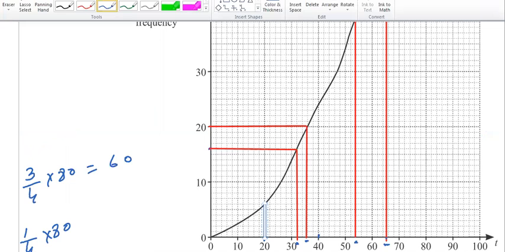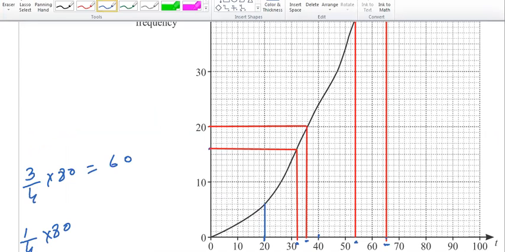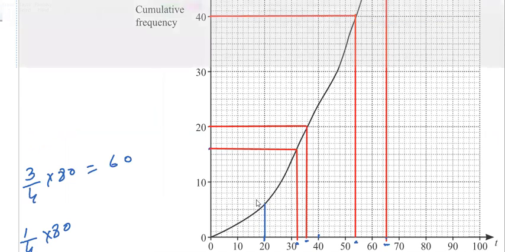From here, this is for the 20 and this is for the 40. Sorry, the line was little. Yes, this is for the 40.